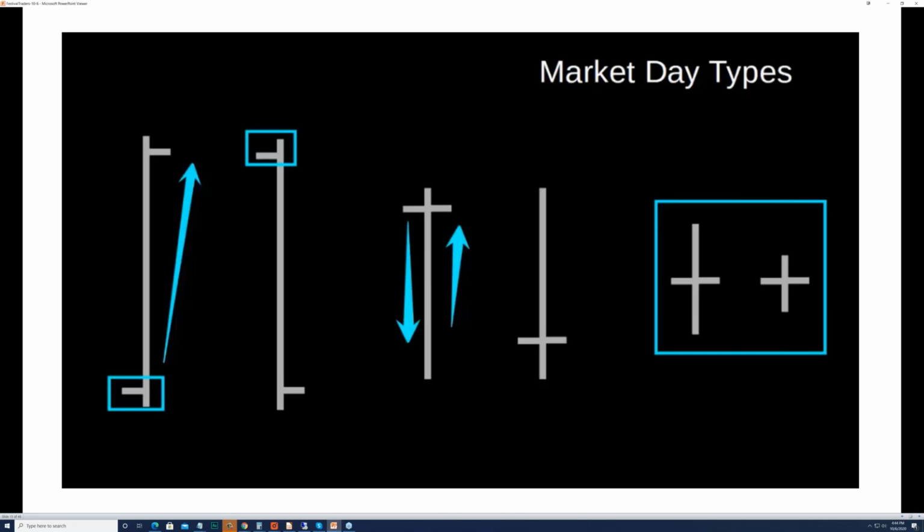In the middle are the key reversal or V reversal days, where on the left there you can see market open, big push down, and then it turned around and reversed all the way back to the open, and vice versa on the one on the right there. And then on the right are our little doji bars where the open and the close end up around the same. And these are the ones where we have a lot of false triggers.